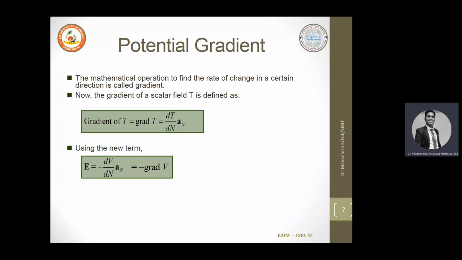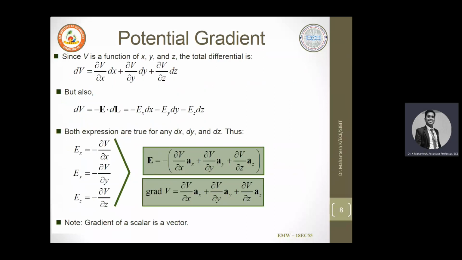Since V is a function of x, y, z, the total differential is given by dV is equal to dou V by dou x dx plus dou V by dou y dy plus dou V by dou z dz. We also know dV is equal to minus E dot dl, which is minus Ex dx minus Ey dy minus Ez dz.